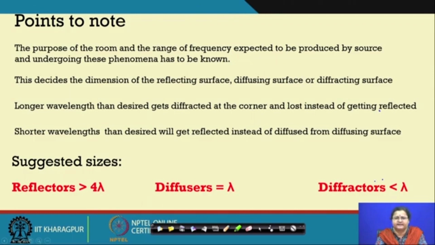Diffusers, as a thumb rule, should be equal to the wavelength which you are dealing with, otherwise it will lead to glare of particular frequencies. And diffraction can happen when the size of the reflectors is less than the wavelength which is our target.